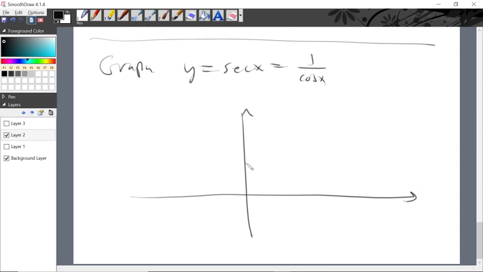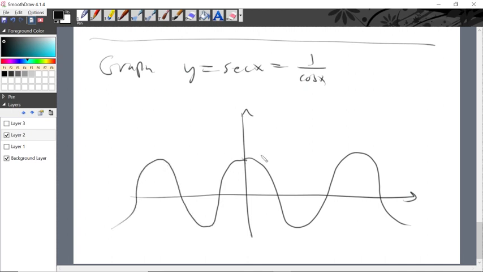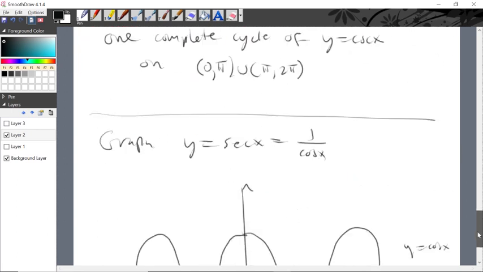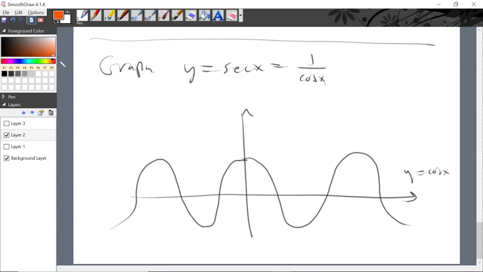If we started with a rough sketch of the cosine wave, which is the same as the sine wave except shifted by pi over 2, then we're going to get the secant function, which looks just like the cosecant function, except shifted also by pi over 2. Anywhere where the cosine is equal to 0, the secant would have to have a vertical asymptote.